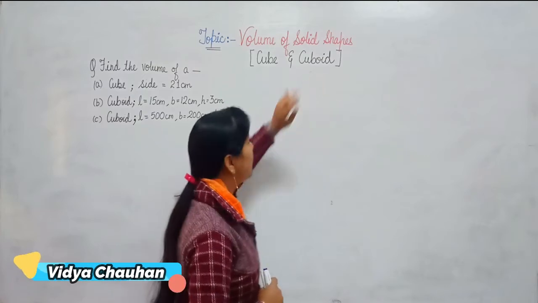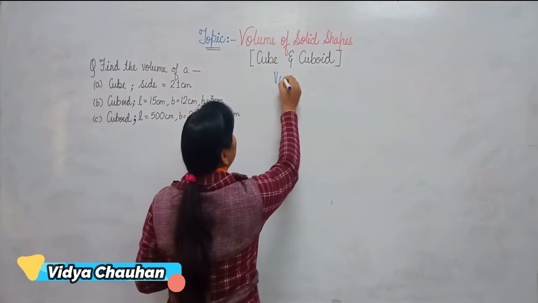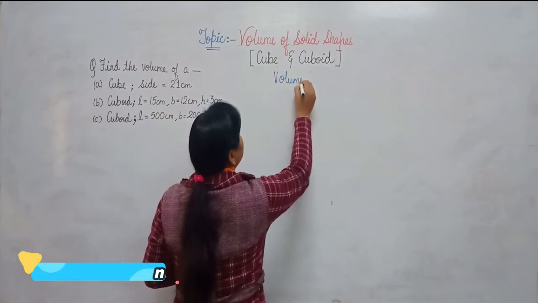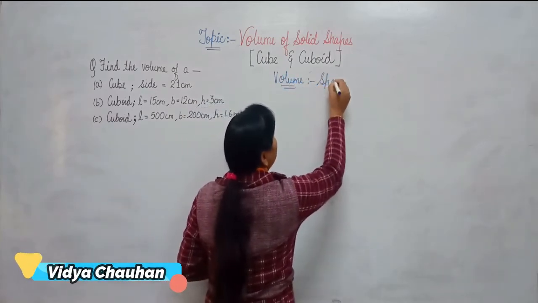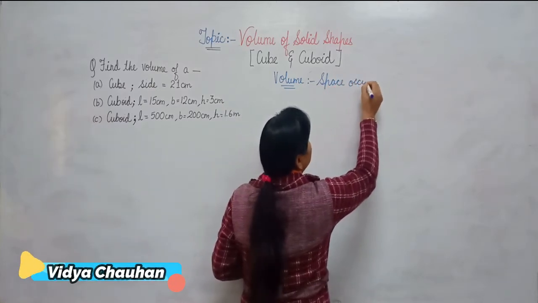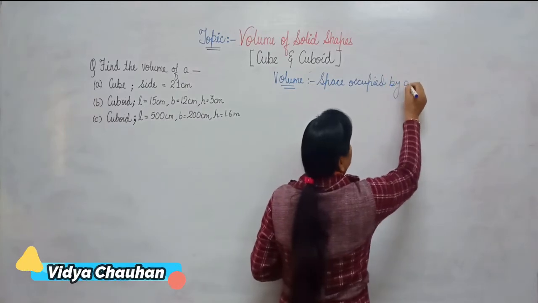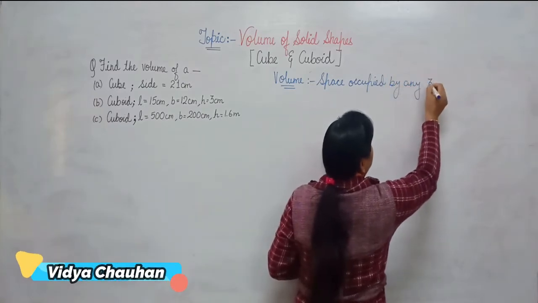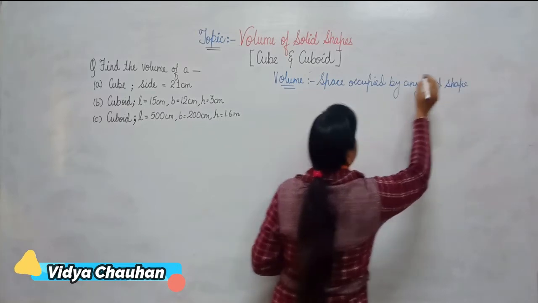Right students, so let us first discuss volume. So what is volume? Volume is actually the space occupied by any 3D, or three-dimensional, shape.